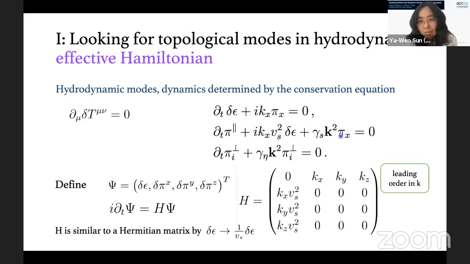Oh, yeah. So this is because we choose this system to only have a non-zero kx. So this is a simplified version of the equations of motion. So this pi I means pi y and pi z. But if we restore all k's, it should be like this. Right, so then this I is y or z.